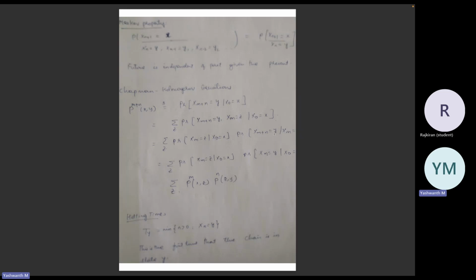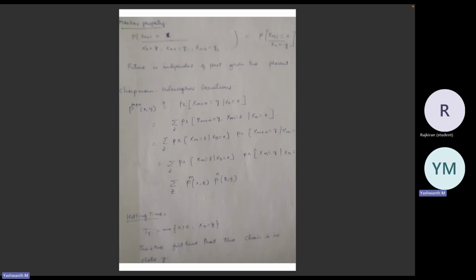So X_{m+n} is y given X_m is z is the same as X_n is y given X_0 is z, because essentially at m you are in z, and in the next n steps you are in y. So it's the same as starting at 0 in z and in n steps being in y.